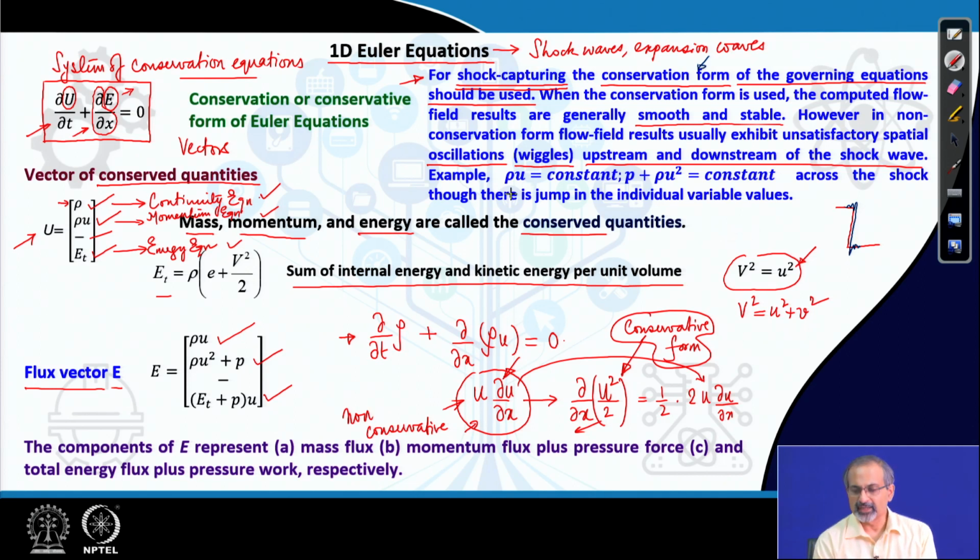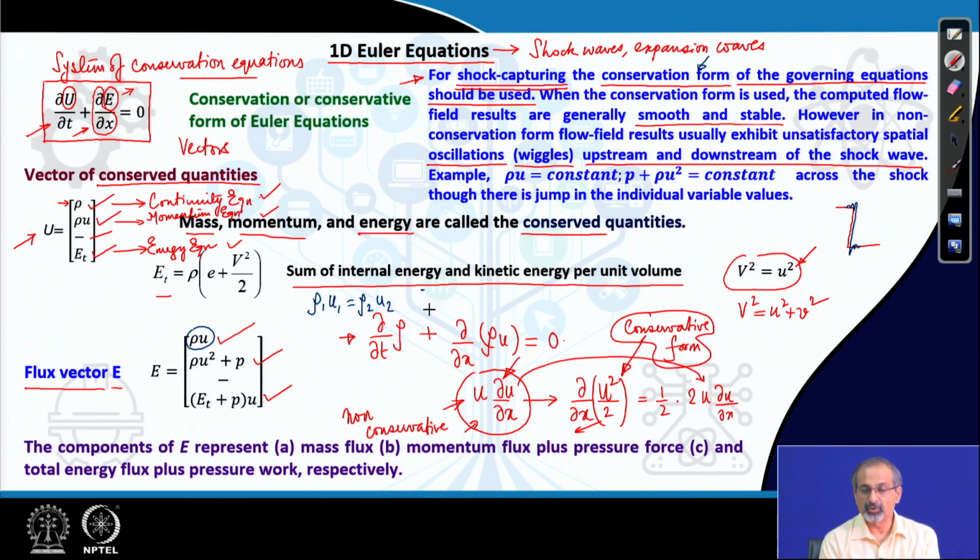And one reason for that is that in the conservation form of the equations, you see terms that we are using, say rho u. You remember that across a normal shock, for example, we found that rho 1 u 1 is equal to rho 2 u 2. That means rho u is conserved. But if you look at the density or the velocity, there are jumps in them.